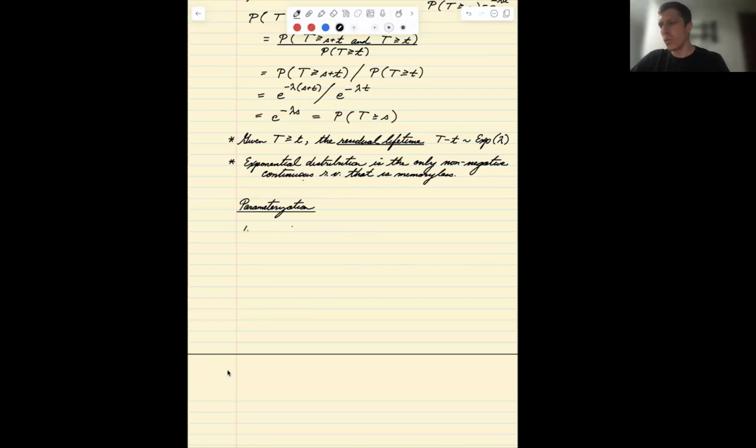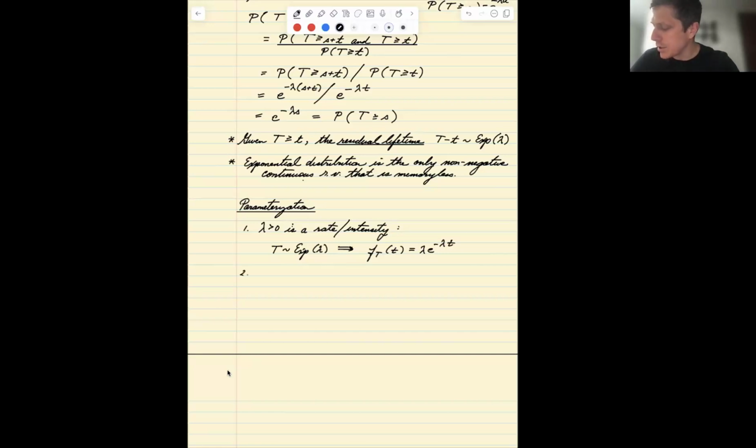We've chosen one where lambda is a rate or an intensity. It comes from the Poisson interpretation of rate: you expect a certain number of occurrences per unit of area or per unit of time. So in this case, if T is exponential lambda, that implies the density is lambda e to the minus lambda t.